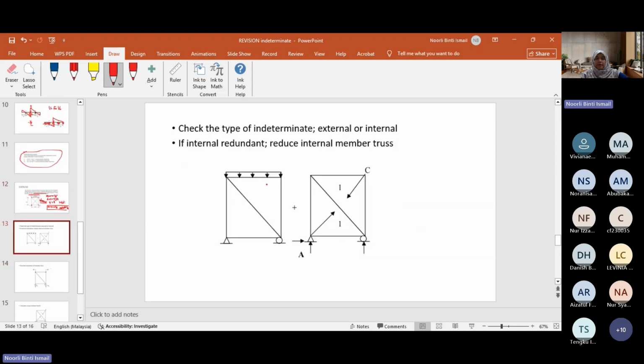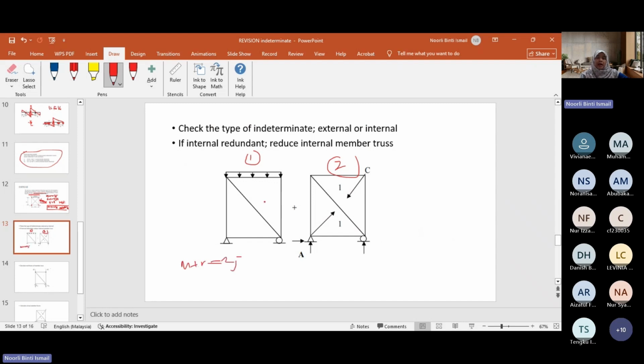your diagram will look like this. Can you see? This one is diagram one, this one is diagram two. So the purpose of diagram one is to make the truss a determinate type. If you apply M plus R equal to 2J again for picture number 1, you will get determinate.